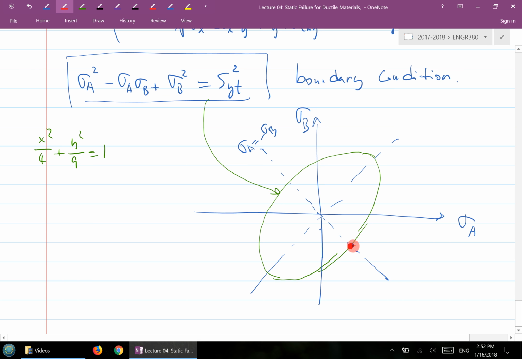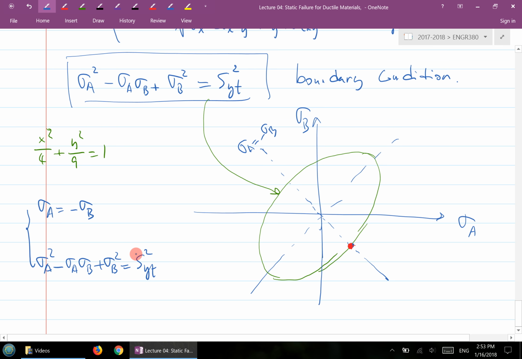I'm going to do the same thing as we did previously. I'll put down the two equations. One equation is this pure shear line, and the other equation is the boundary condition. So I can solve for the intersection between this straight line and this ellipse.